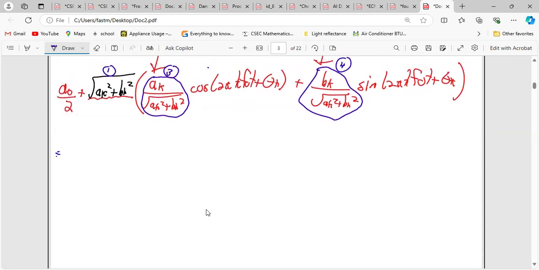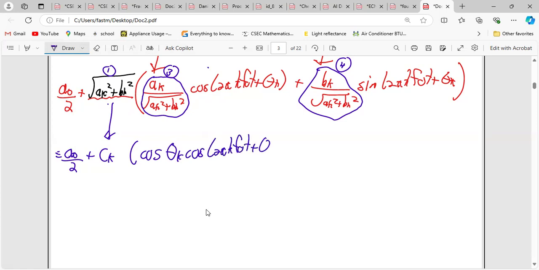So we could say A naught on 2 is the DC component. This is CK, right? And then this here, if we go back, was cos theta K, right? Now you write back the 2 pi k f naught t plus theta K, right?